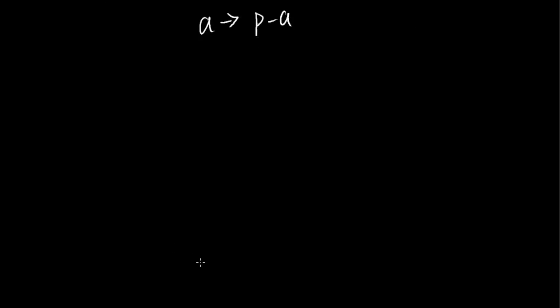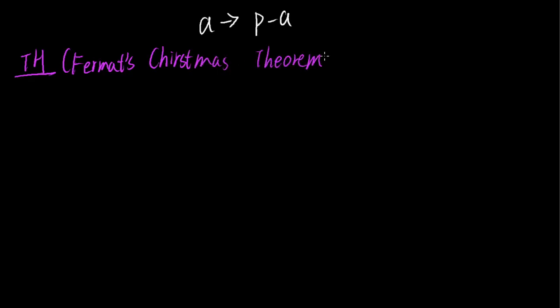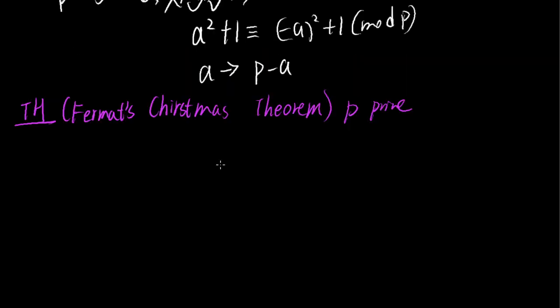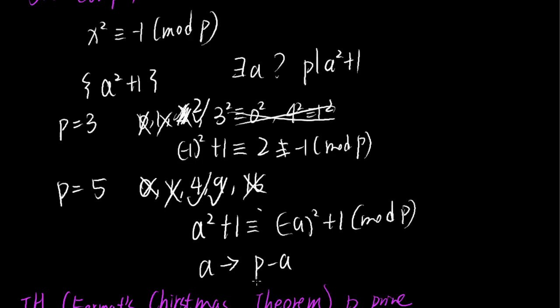Let's talk about a very important theorem in modular complex numbers, which is called Fermat's Christmas theorem. Here p is a prime, and the theorem gives the condition on p for there to exist an a such that a squared plus 1 is divisible by p.